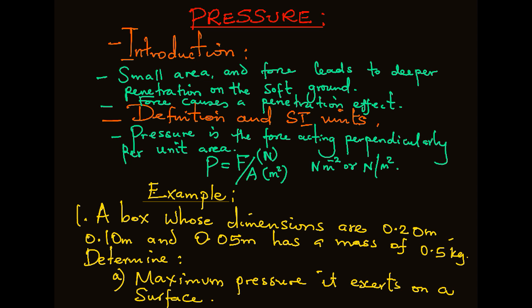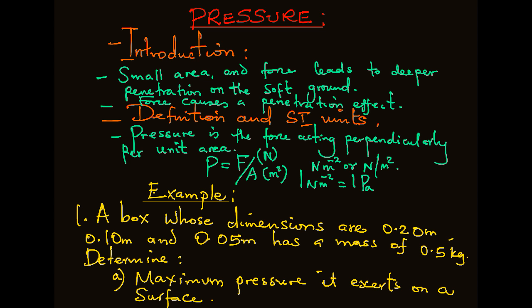The SI unit of pressure is thus Newton per meter squared, which is also called pascals. So 1 Newton per meter squared is equal to 1 Pascal, abbreviated as Pa.